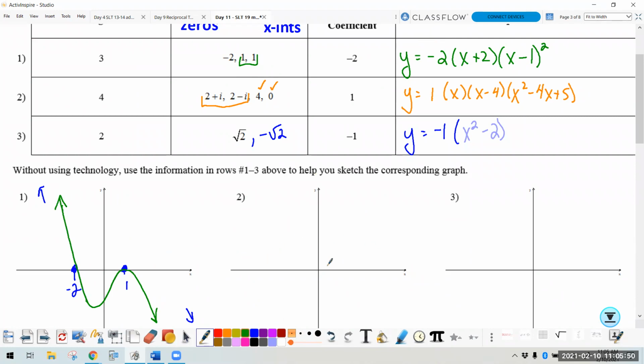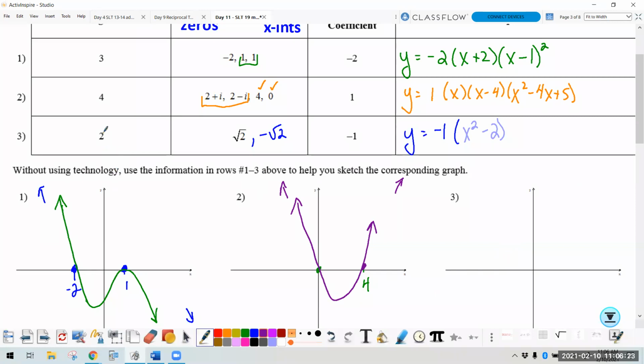So in number 2, we can't see these complex numbers in our x-intercepts, just the real values. We've got an even degree, positive leading coefficient, so both end behaviors will go towards infinity. Both are a single root. We go through those intercepts.